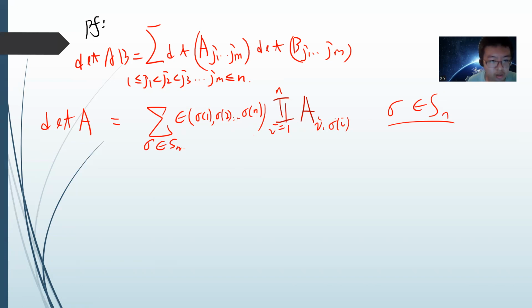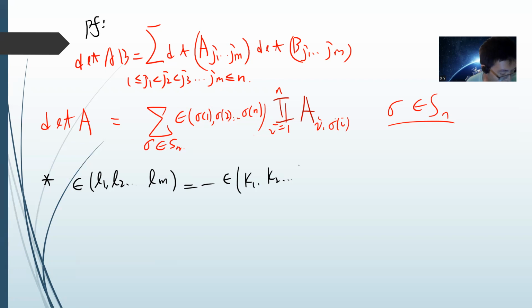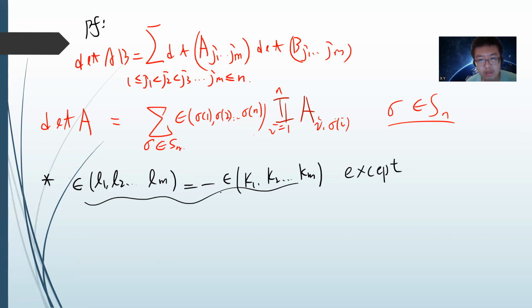Okay, so let's check. Notice that if I consider epsilon L1, L2 up to Lm, obviously it's the same as minus epsilon K1, K2 up to Km, except that basically your L1 up to Ln need to be from 1 to n.